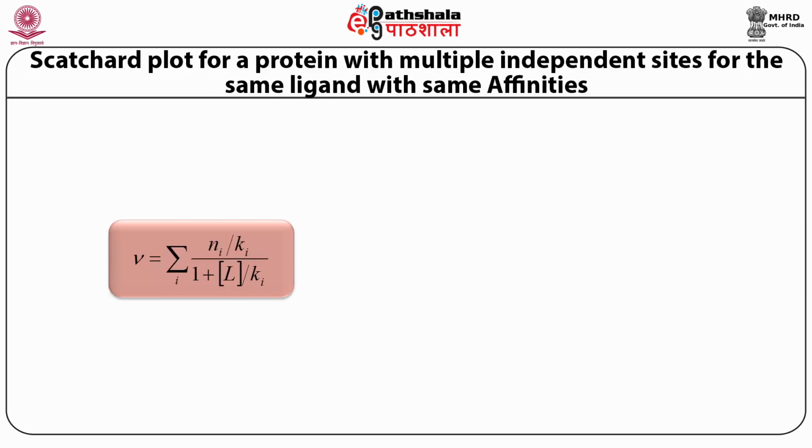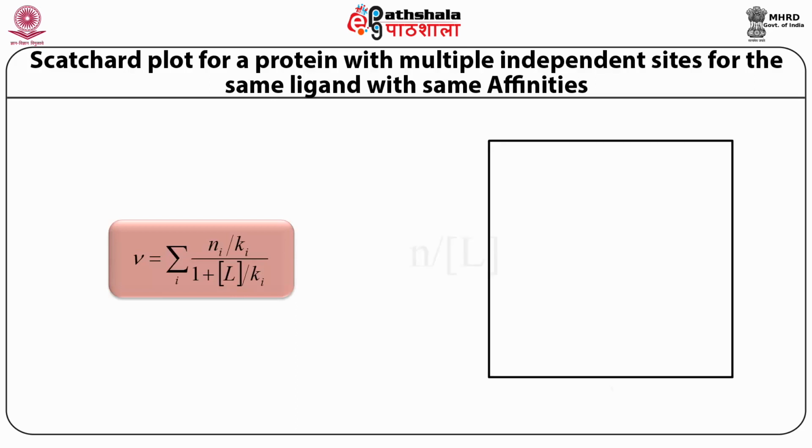In that case, nu by L versus nu will not be a straight line; it will be curved, with the intercept on the x-axis given by n1 plus n2, while the intercept on the y-axis will be given by n1 by k1 plus n2 by k2. Till now we have discussed multiple independent sites for the same ligand.